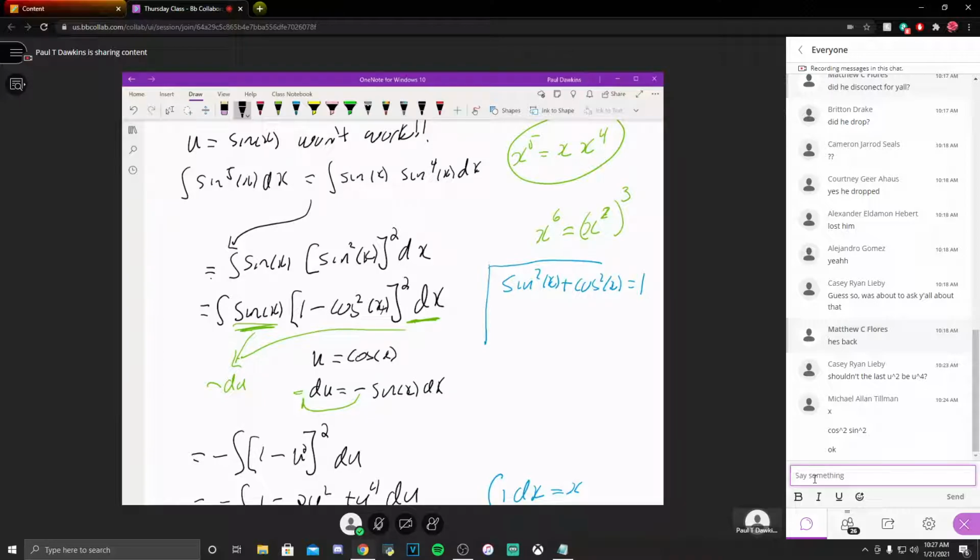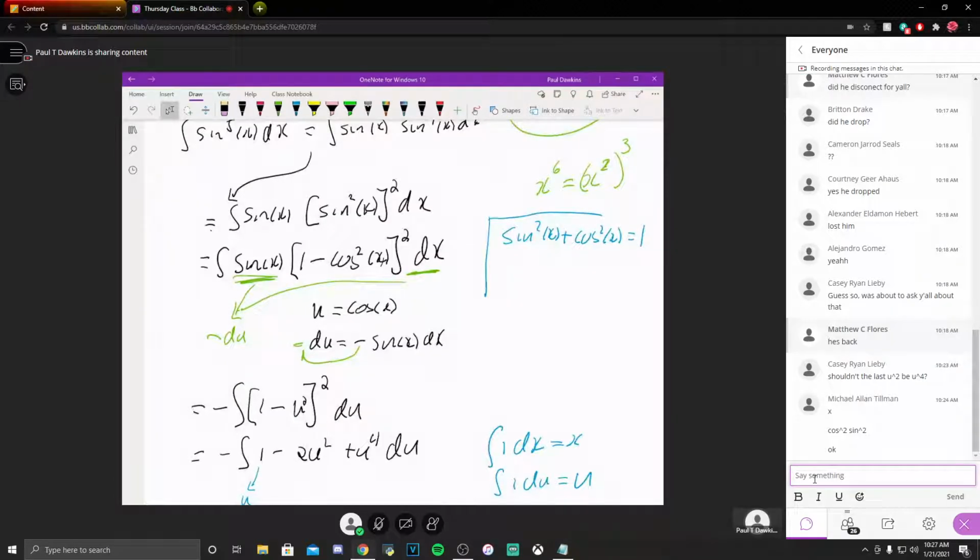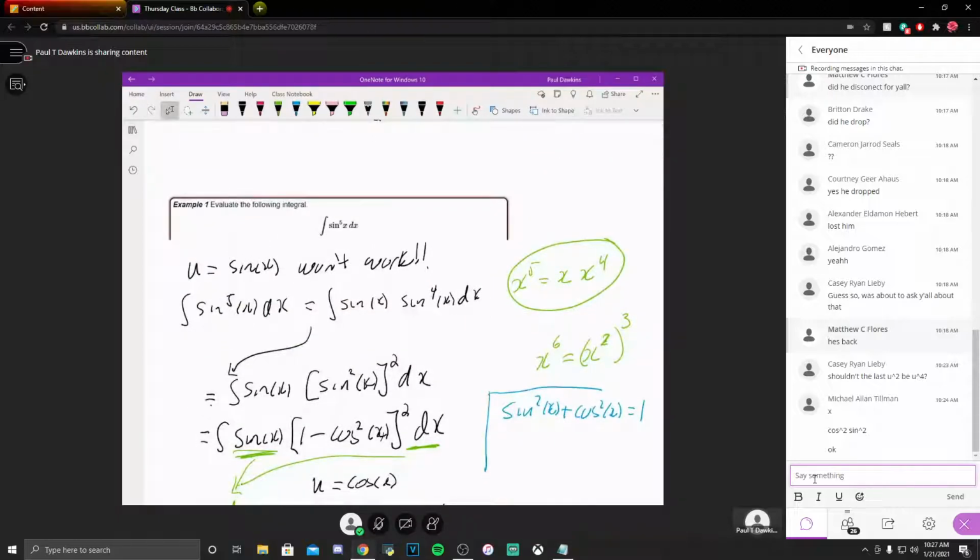What's cosine squared? Cosine squared is 1 minus sine squared. I've got my cosine sitting out here and 1 minus sine squared here. We'll do a u equal to sine because du is cosine dx, which is exactly what I would have here. I'm not going to write that out, but the process I use for sine is identical for cosine in this case.